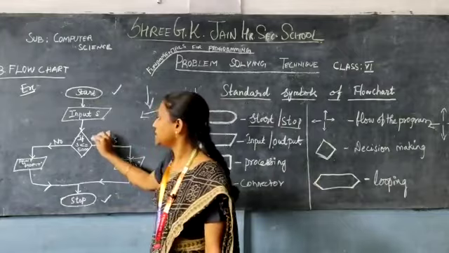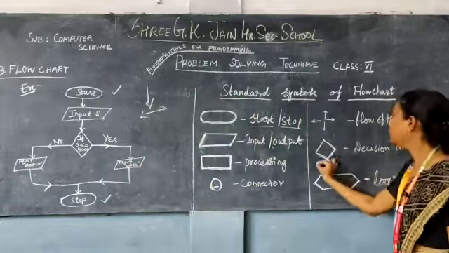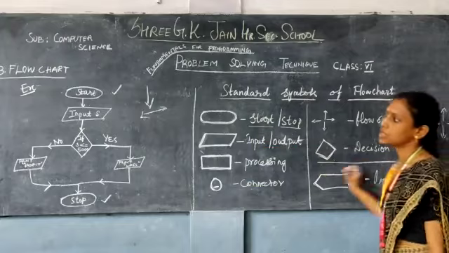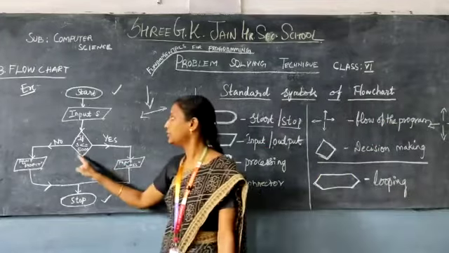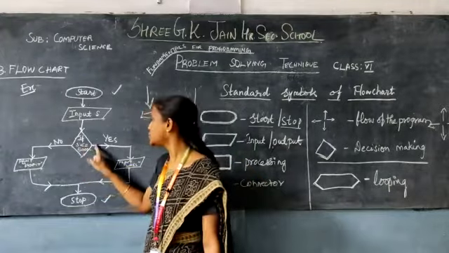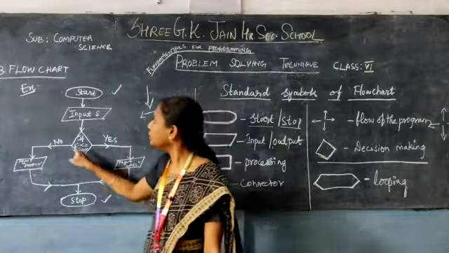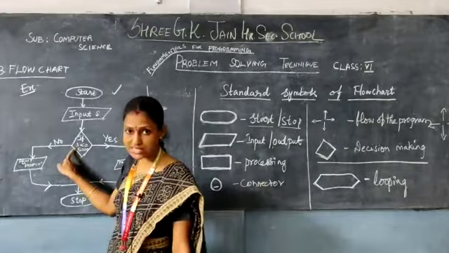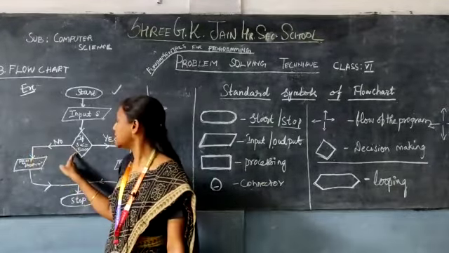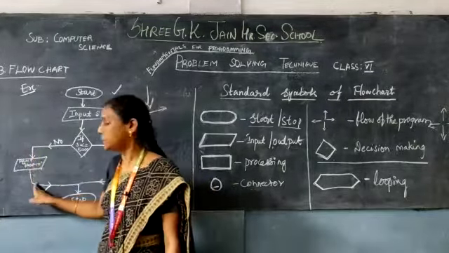Next step is the condition. For condition or decision making, we are going to use this symbol. So they have used an if condition. If this condition is true, loss will be printed. If the condition is false, this will be printed.